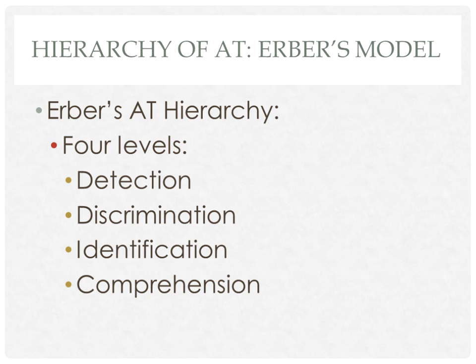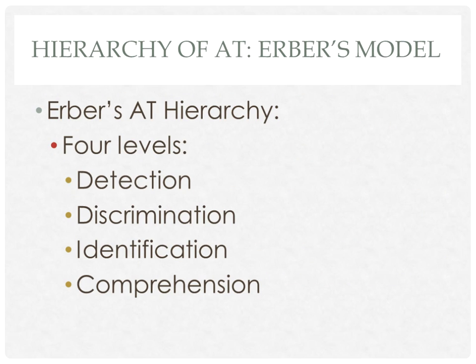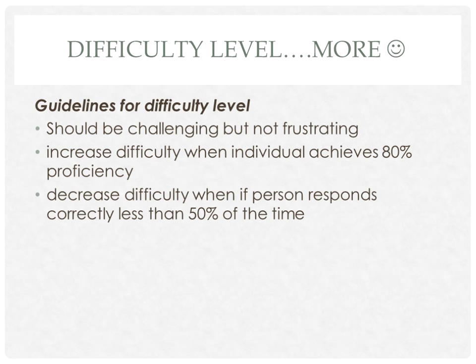So this guy named Norm Erber, back in the 80s, developed this idea of this 4-level hierarchy. And we need to be thinking about, again, we're moving up this hierarchy. We are moving from easy to difficult.